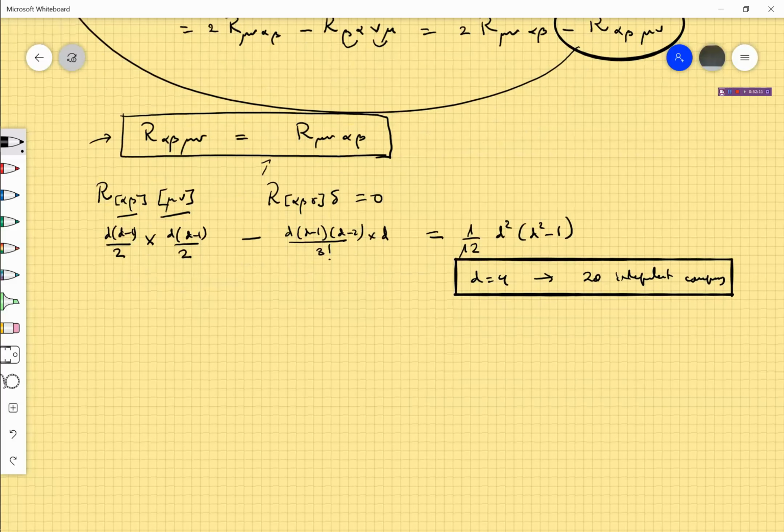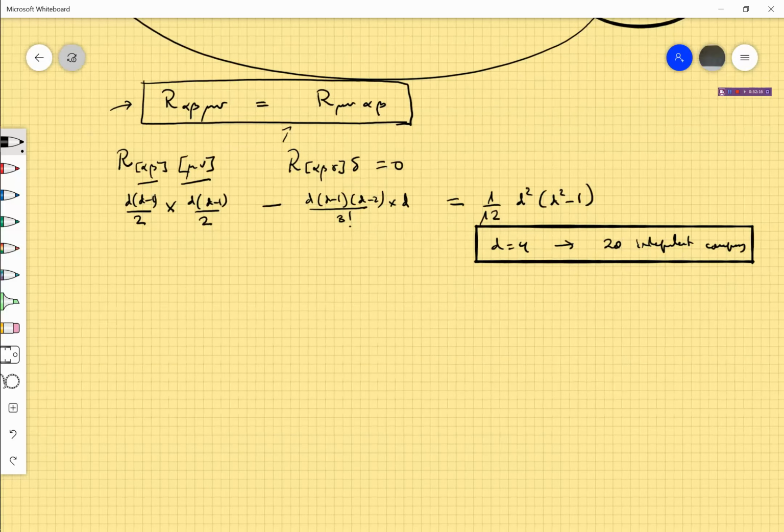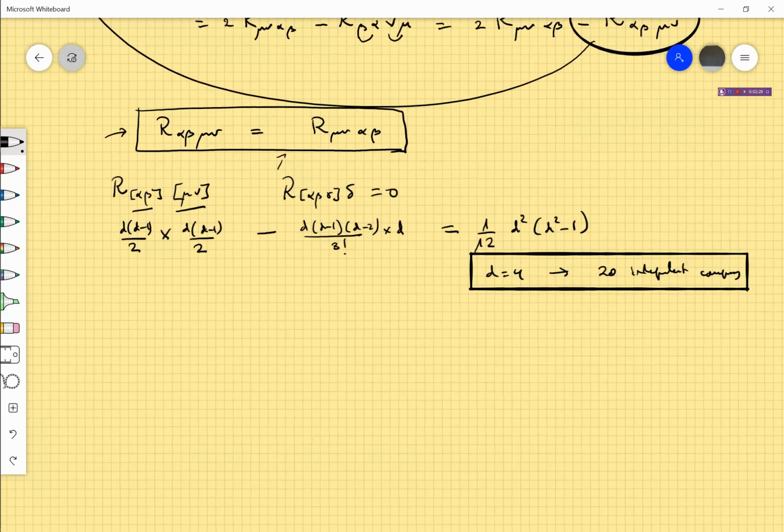Since coordinate transformations also reshuffle and combine the components, a better way of characterizing the components of the Riemann tensor is through curvature invariants. These curvature invariants are scalars constructed from the curvature tensor. The simplest one would be R mu nu rho sigma times R mu nu rho sigma.